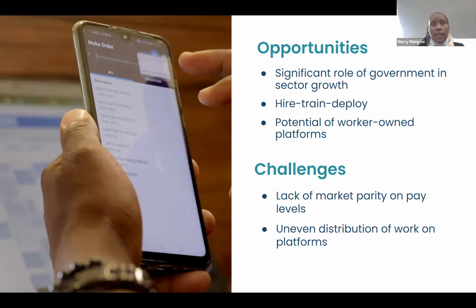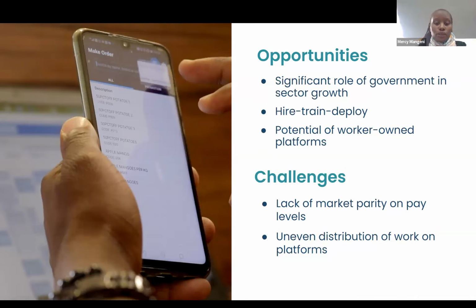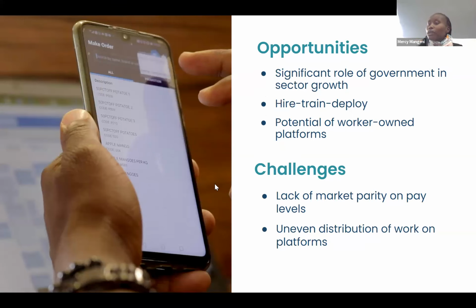So if you're a new user entering the space, there's a likelihood of lacking market parity in terms of the income you earn through these platforms. Again, just to emphasize, there are many more opportunities and challenges that we've highlighted within the landscape scans. Please feel free to download and read through them in much more detail.